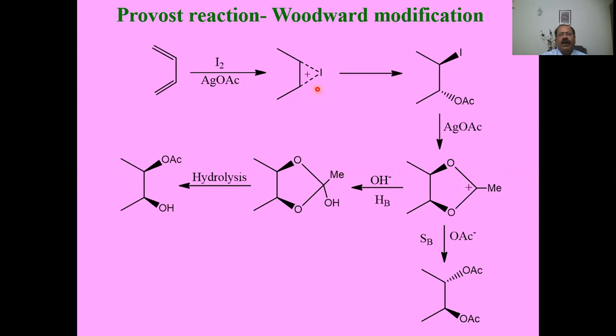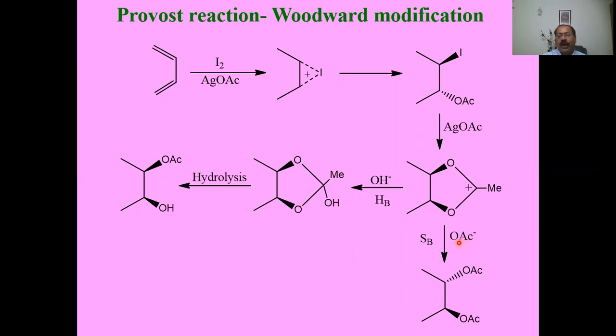The steps involved are iodonium formation to give this iodoacetate, and then there's an intramolecular attack to give this carbonium ion. Now here, two different reactions are possible. This is a harder end, and therefore OH minus attacks this to give this, and on hydrolysis we can convert it into this compound.